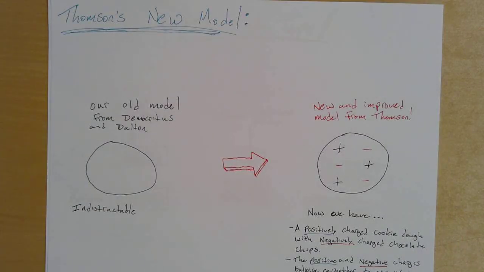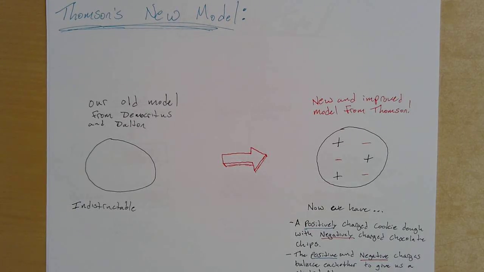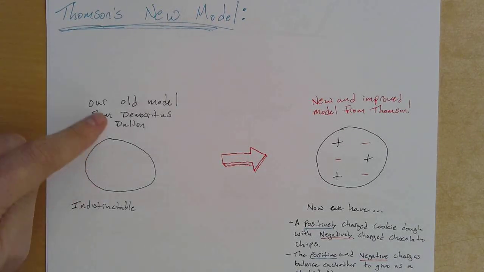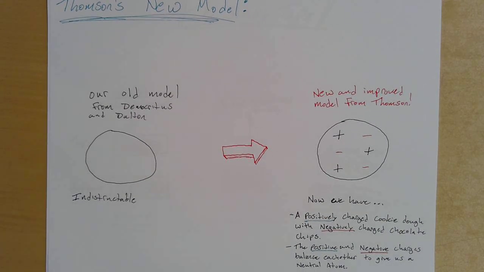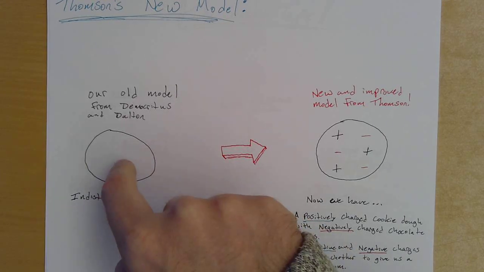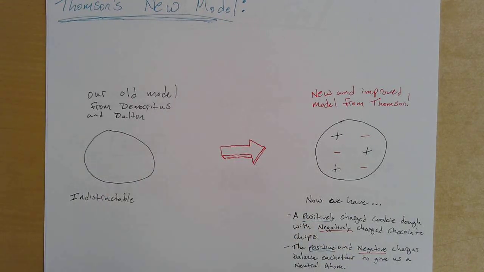So we come up with this new model. Before this, we had the indivisible sphere, our Dippin' Dot. It was given to us by Democritus and Dalton. It's just a ball. Now we have this ball that has positives and negatives to it. I call it the chocolate chip. It is a chocolate chip cookie where our cookie dough is positively charged, and floating around inside there are these negative chocolate chips.